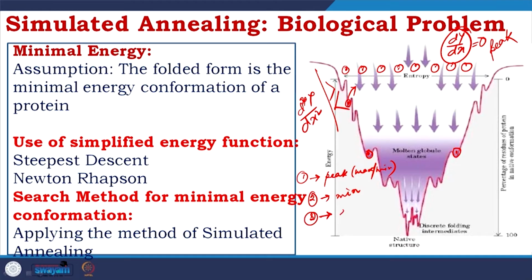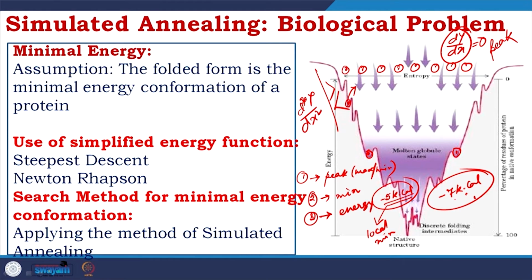Now, you calculate the energy. Suppose you get minus 5 kilocalorie. You repeat the process and in the next you get minus 7 kilocalorie. So, minus 7 kilocalorie means you are in a better minima than the other one. You do not know whether this one is a local minima or not, so you again do the cycle, and because you need to perform this cycle repeatedly, we call it iteration.